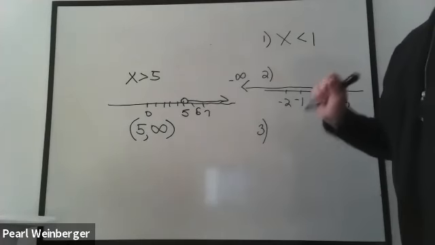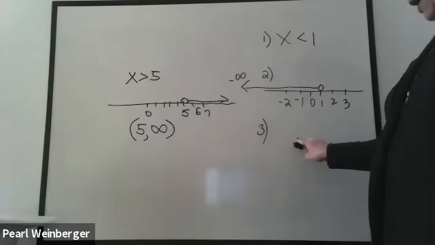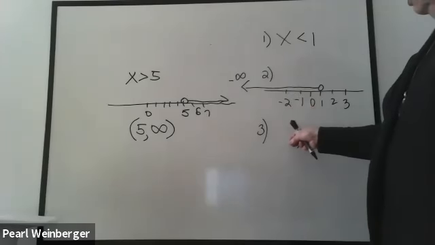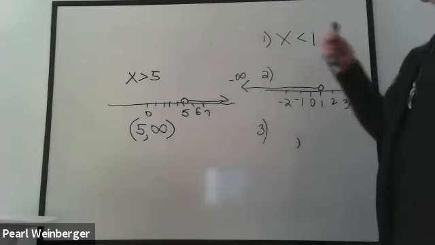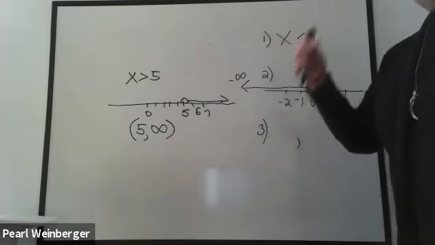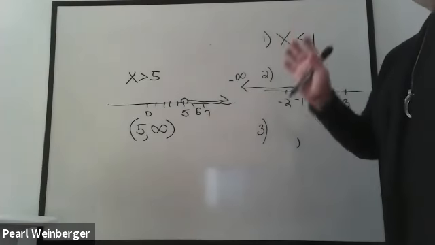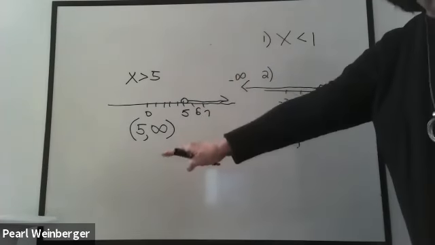And now we want to put it in interval notation. Now remember, in interval notation, I know I'm going to have two numbers separated by a comma, where the first number is the starting point, and the second number is the ending point. And remember, on a number line, we always start as far to the left as we have to.